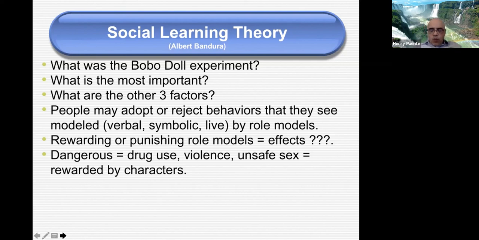What he discovered through this experiment was that kids copy adults. And the closest imitation happens when the adult is the same gender. If little boys are seeing a man strike the Bobo doll, for instance punch it, they are more apt to punch it.